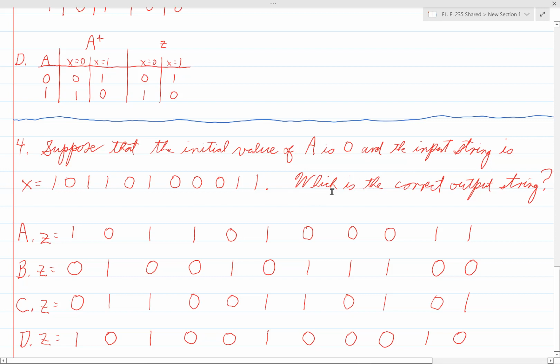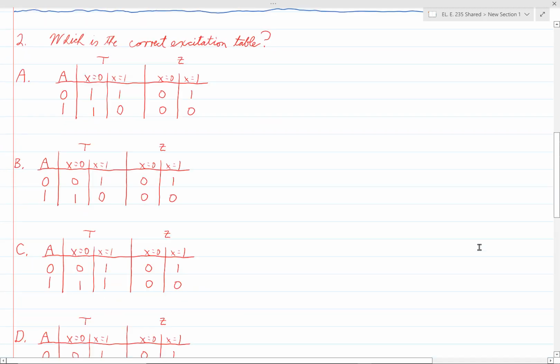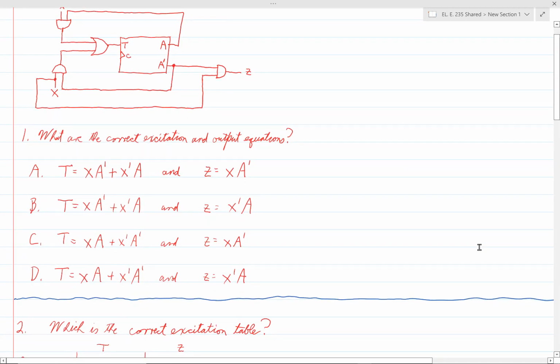It wouldn't be "which" now, because that implies multiple choice. And you would not be given any choices here. You would need to figure it out yourself.